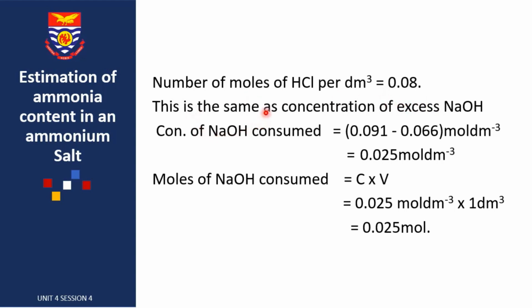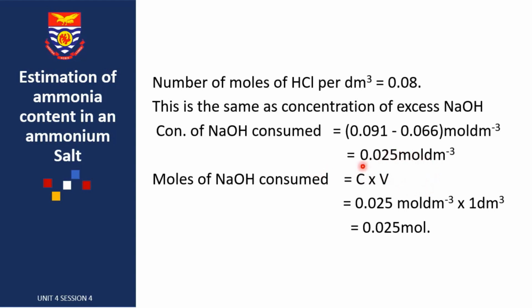So moles of sodium hydroxide consumed is equivalent to the concentration of the sodium hydroxide consumed times the volume that was used. That is 0.025 moles per dm cube times 1 dm cube, which was the volume used, and that gives us 0.025 moles. This is the moles of the sodium hydroxide that was consumed by the salt.